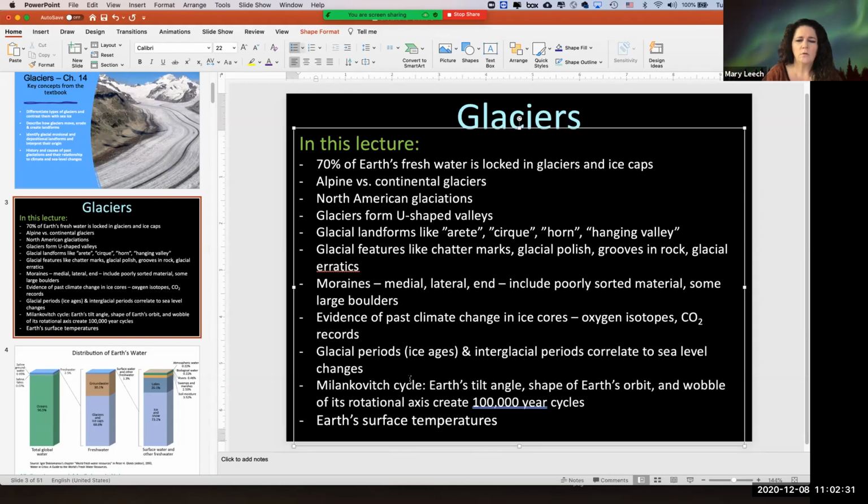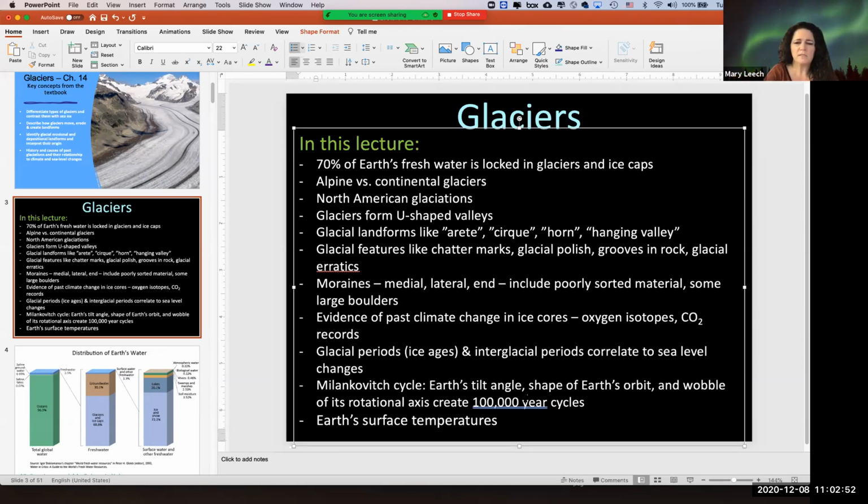cycle, which has to do with Earth's tilt angle towards the sun, the shape of the orbit around the sun, and how much wobbling the Earth does on its rotational axis. So as it's spinning like this, there's some amount of wobble.